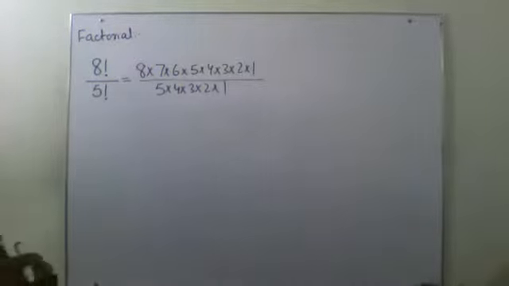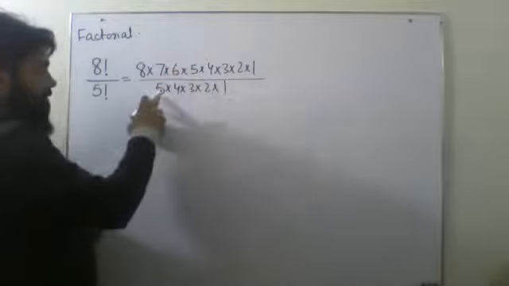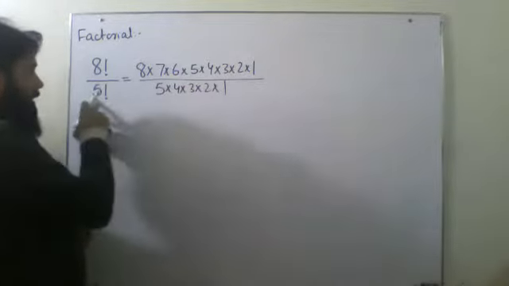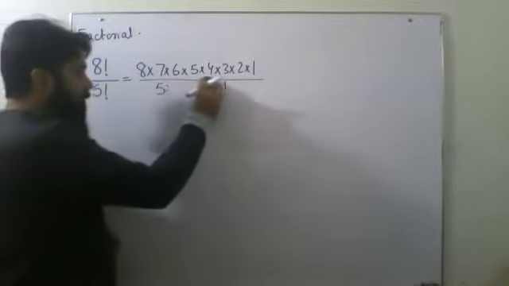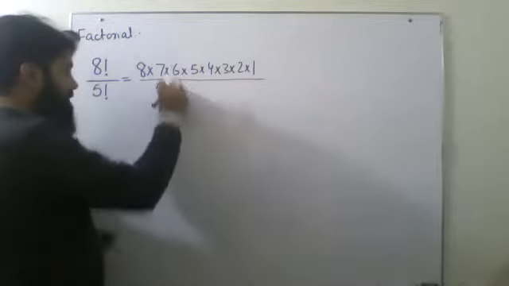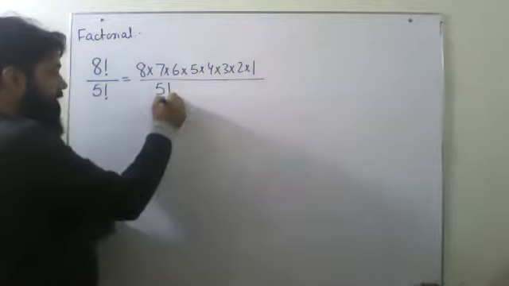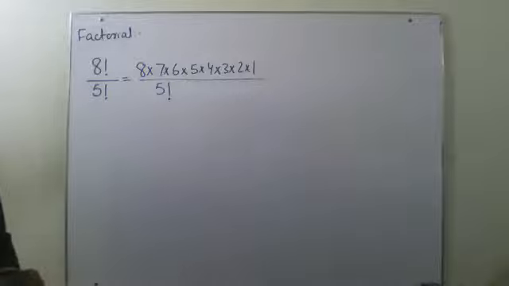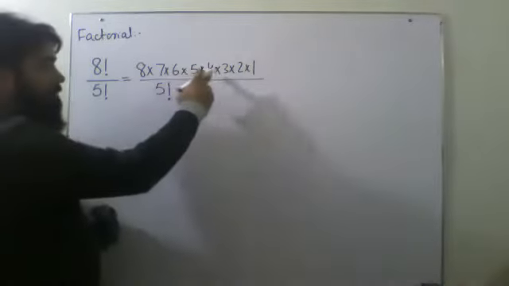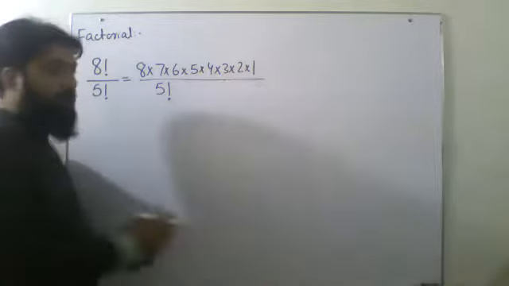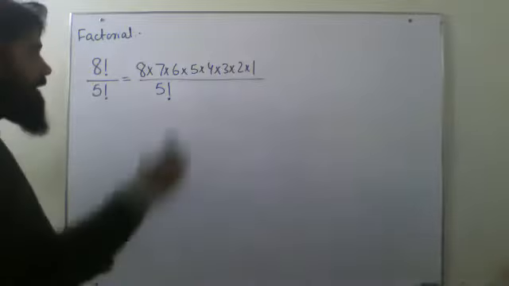Or I don't want to do it like this. 5, 4, 3, 2, 1 equals 5 factorial. I don't want to write them in expanded form.